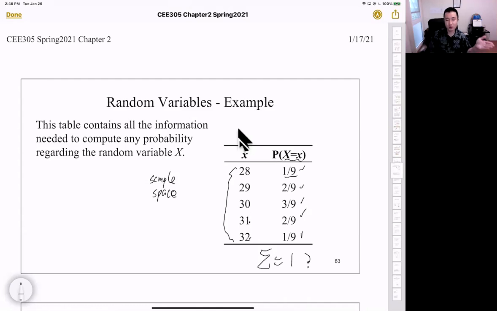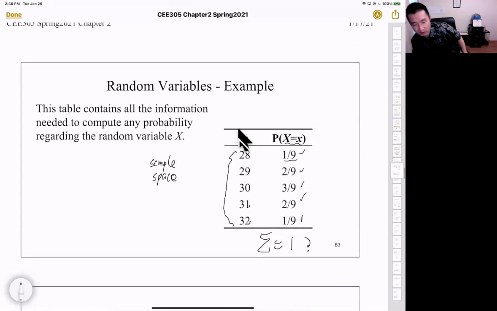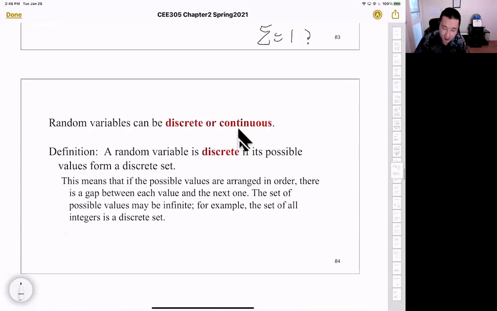Random variables can be discrete or continuous. Today we just discuss discrete random variables. Thursday we'll continue to talk about continuous variables. A random variable is discrete if its possible values are a discrete set, like the total ohms 28, 29, 30, 31. They are not continuous.